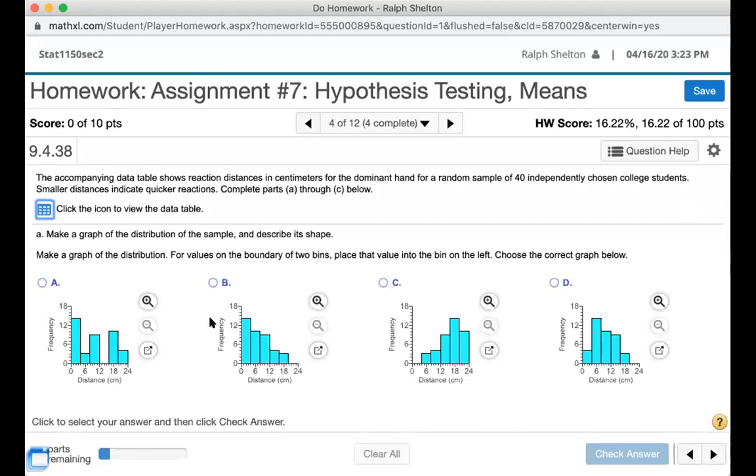Actually, it looks a little bit different than all of these. Well, that's not helpful there. Where did it go? Did it close it? Okay, yeah, it looked more like D, I believe.